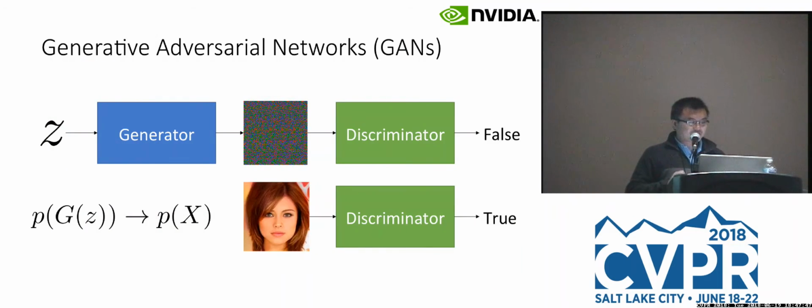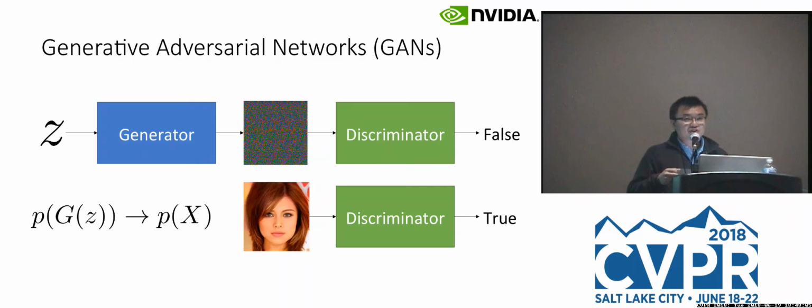I just want to use this slide to quickly refresh the idea of GAN. Basically, you have an input random variable z, and your goal is to train a generator that can convert z to an output image.